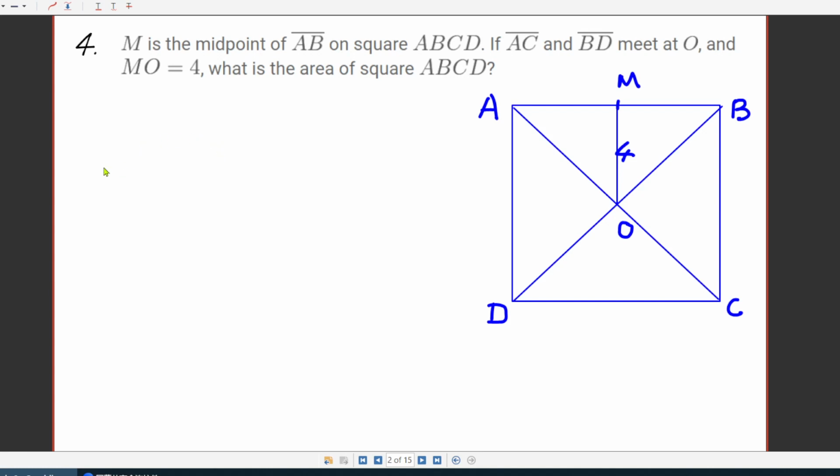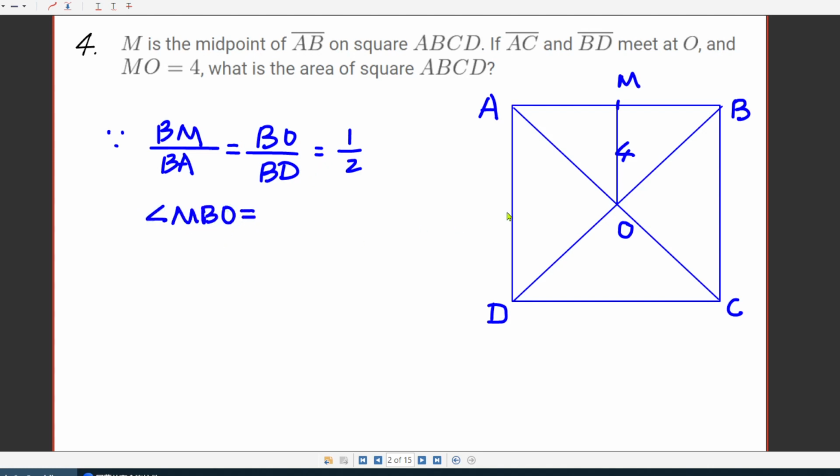Okay, so we can use some fractions here. Because we know BM over BA equals BO over BD, which is 1 over 2, right? Because M is the midpoint. And we also know that angle MBO, which is this angle here, equals angle ABD, because they're the same angle.